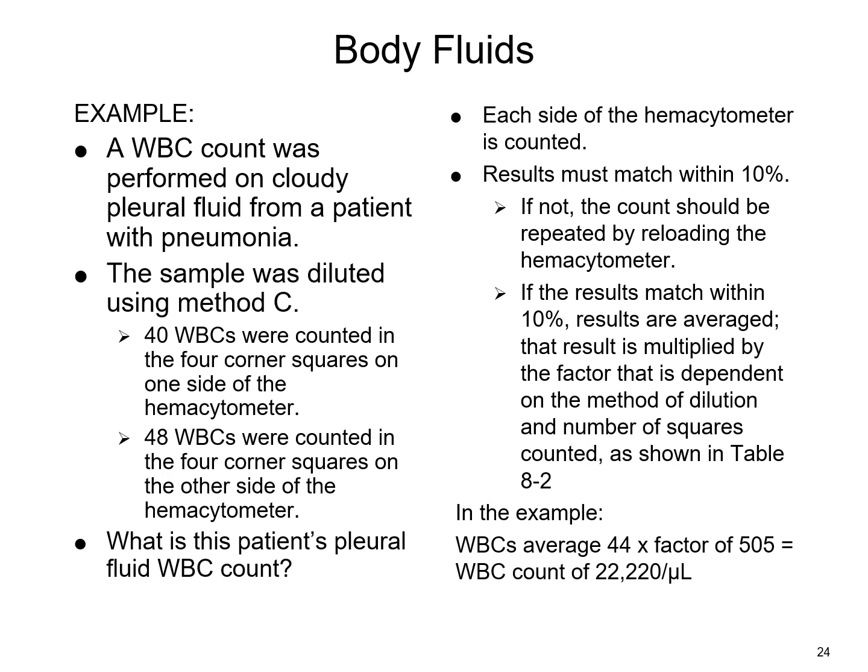So when we look in our table, if we counted the 4 corners, then method C would mean that we'd need to multiply that by 505. So if we got our average of 44 based off of those 2 sides, we multiply that by 505, and then that's going to give us our total white blood cell count.